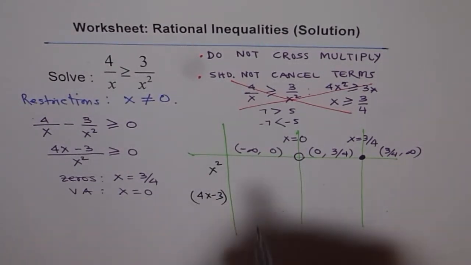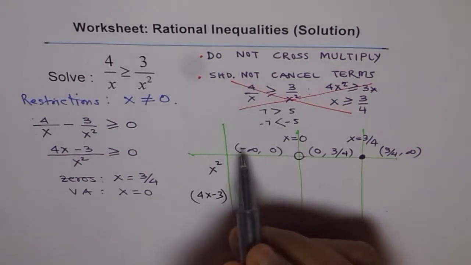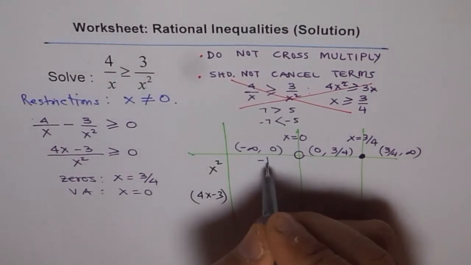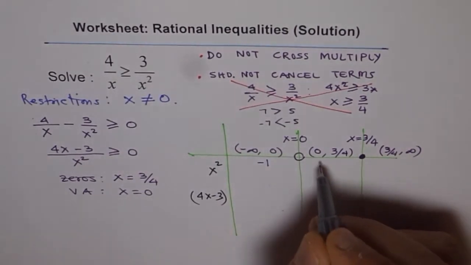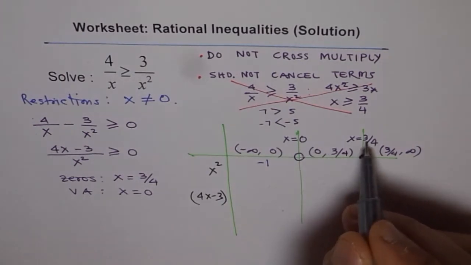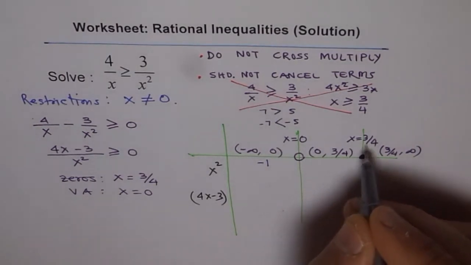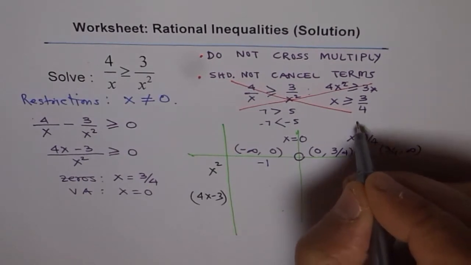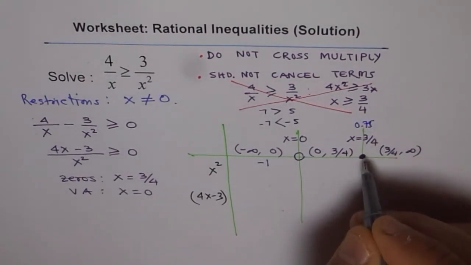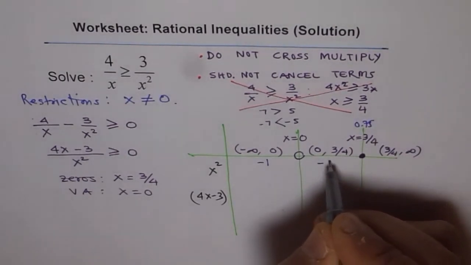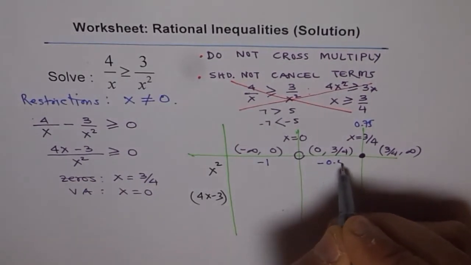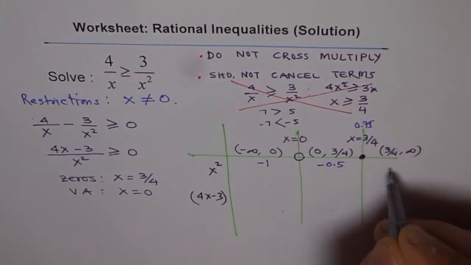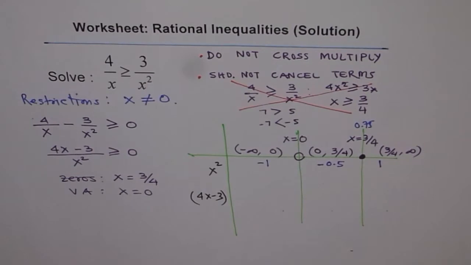Let's take a test point which is less than 0. It could be minus 1. And a test point between 0 and 3 over 4, which is 0.75, will be, let's say, minus 0.5, okay? And greater than this could be 1. So we'll take these test points.